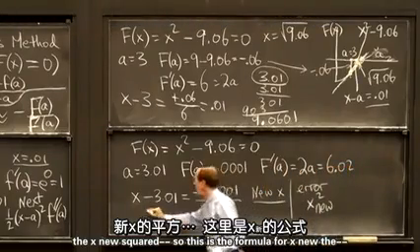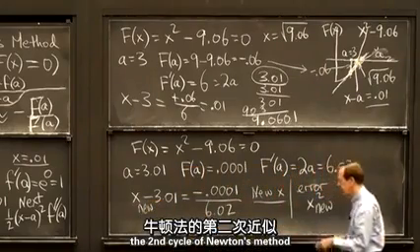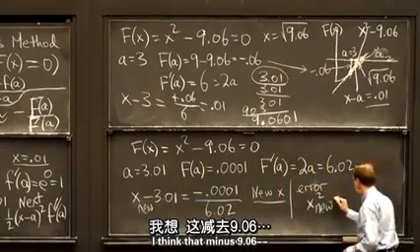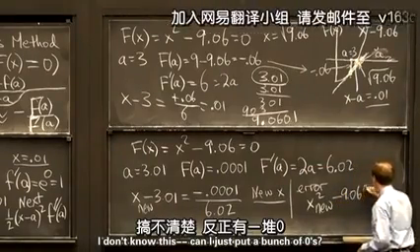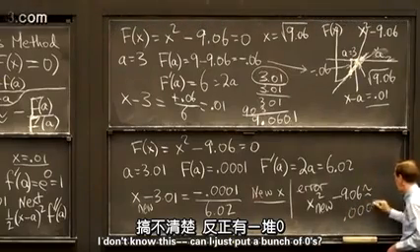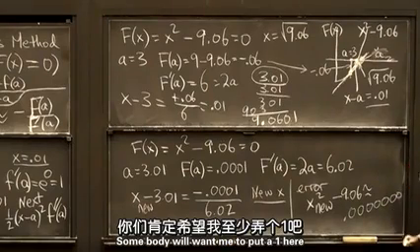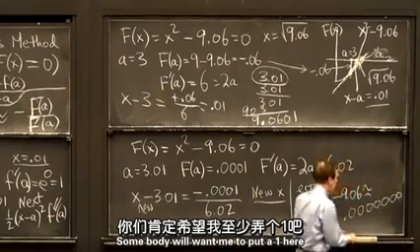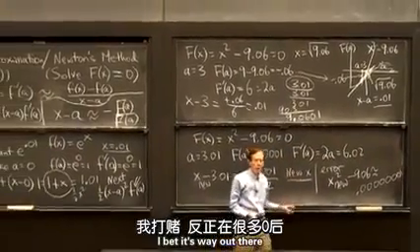So this is the formula for x new, the second cycle of Newton's method. I think that minus the 9.06, I don't know how. Can I just put a bunch of zeros? Somebody will want me to put in a 1 here, so I'll put in a 1. I bet it's way out there.